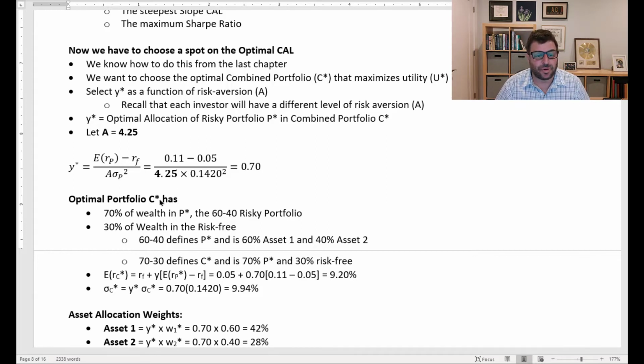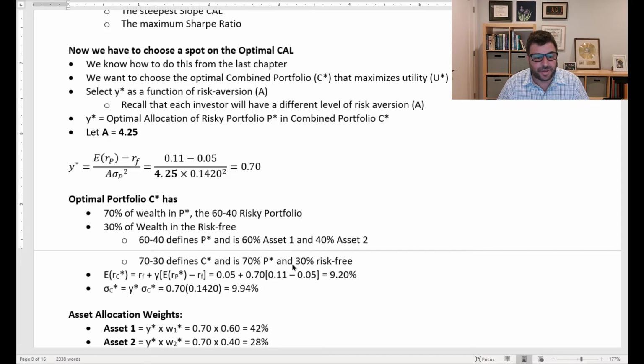Well, the optimal combined portfolio has 70% of wealth in P star, which is the 60-40 risky portfolio, and 30% of wealth in the risk-free. And remember that 60-40 defines the asset 1, asset 2 allocation that is P star. 70-30 defines C star and is 70% of P star, which again is the 60-40, and 30% of the risk-free.